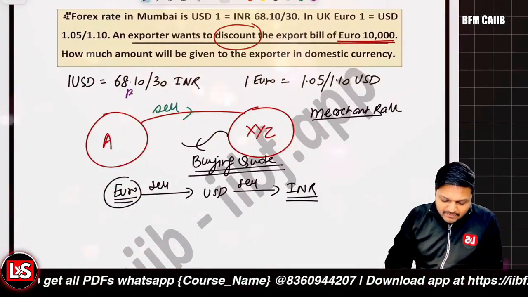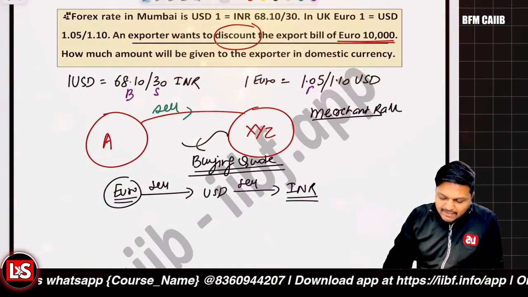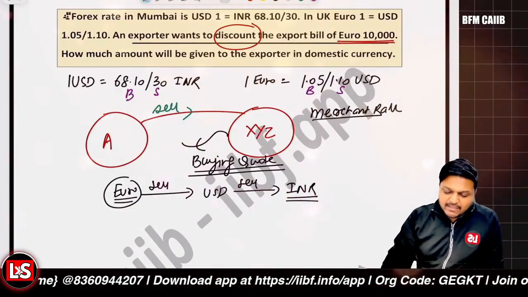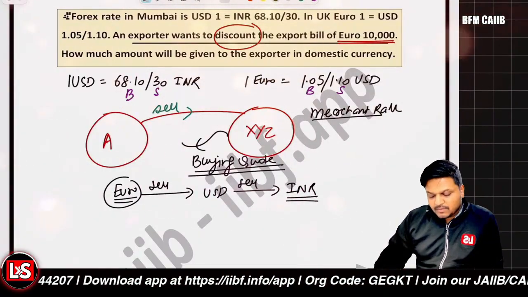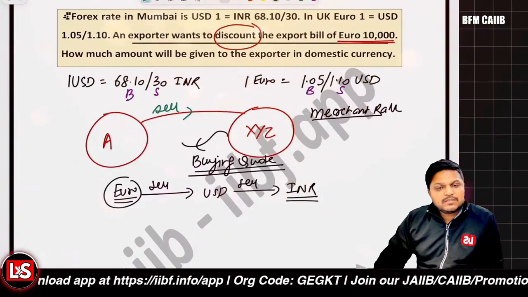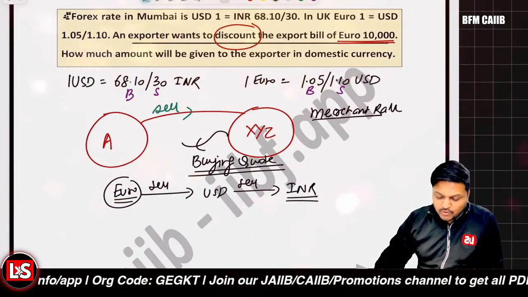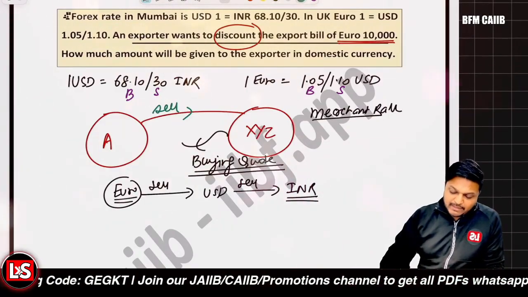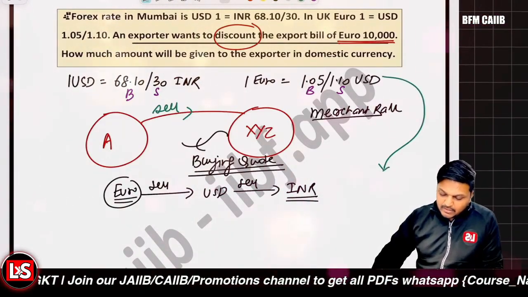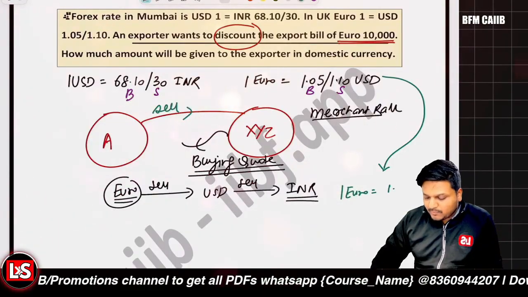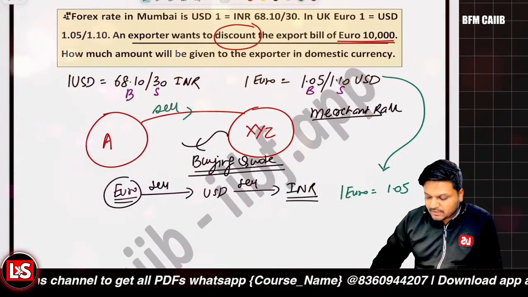Here the buying rate is given, here the selling rate is given. The first rate would be related to that you will be selling the euros, right? You'll be selling the euros at a buying price. So what rate would be applicable from this statement?